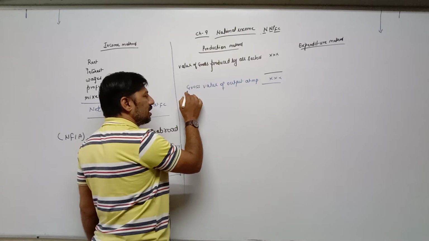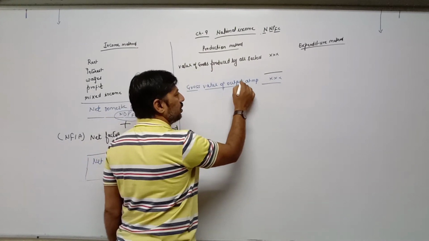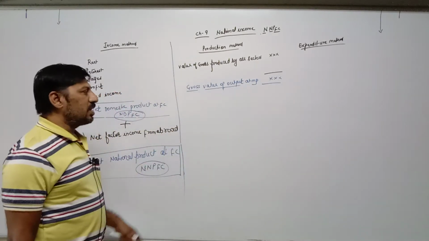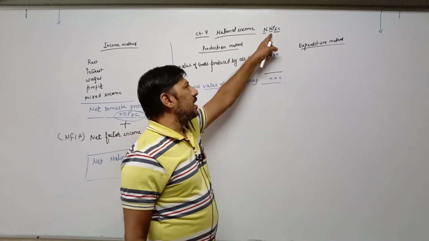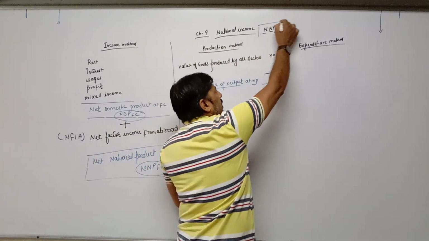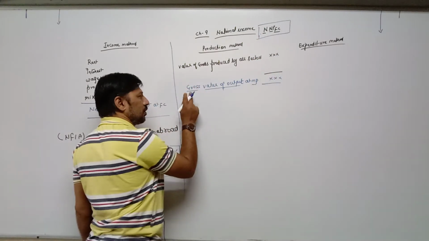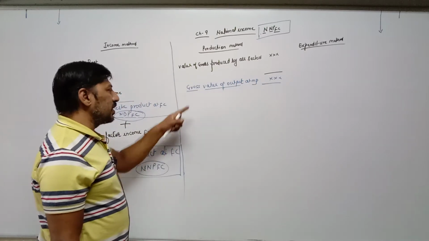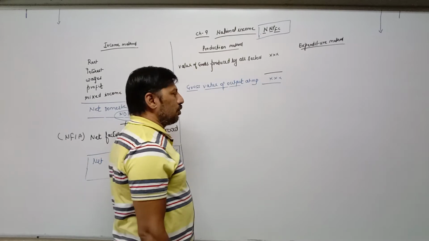Here three different terms are there: gross, then value of output, then market price. Now one by one you have to convert this gross value of output at market price into NNPFC, which is national income. First of all, gross means it includes depreciation. That's why it is called gross. Value of output means it includes intermediate goods.